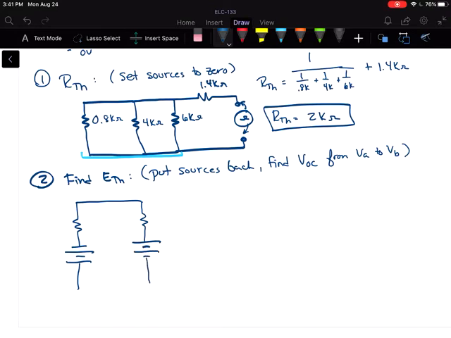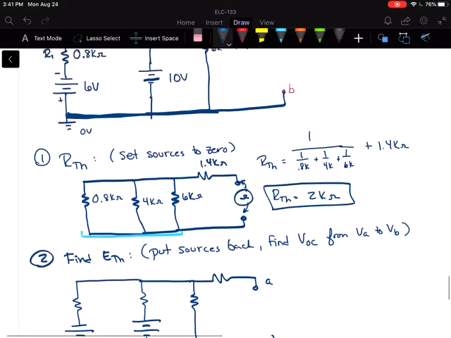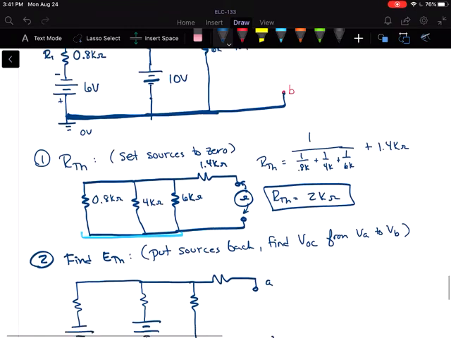Now at this point, there are probably a few different options for how you want to go about solving this. Remember, we just learned about mesh and nodal analysis, which would work here.